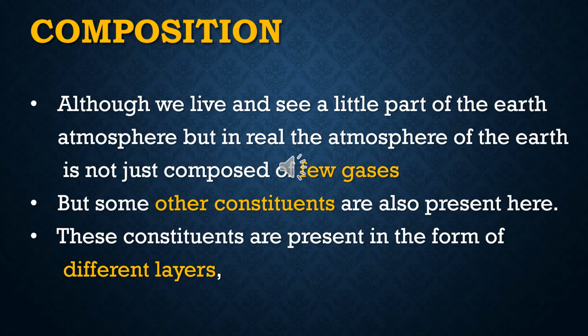Some other constituents are also present here. These constituents are present in the form of different layers. Then we will read further about the layers of the atmosphere. There are, I think, four layers of the atmosphere. That will be in the next topic.